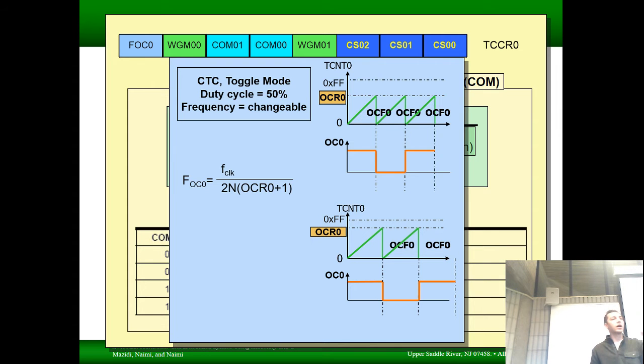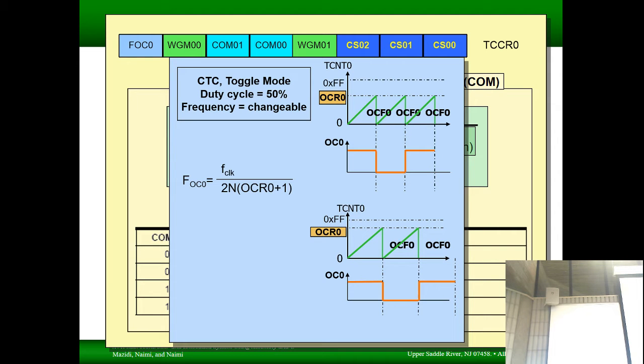So if you, yeah? Can you explain what prescaling does in this sense? So prescaling the clock makes the incoming clock change less frequently. Okay, so that has an effect. If the incoming clock is slower, what does that do for your frequency? It means that it's also slow. Let's take a look, right? So if this right now happens, let's just for the sake of argument say this is 1 millisecond.